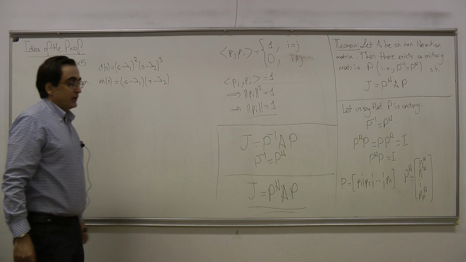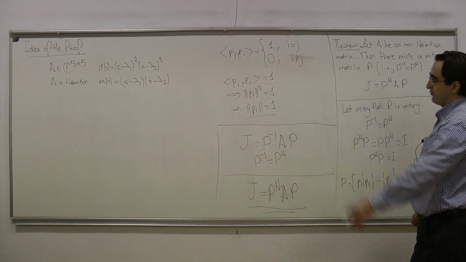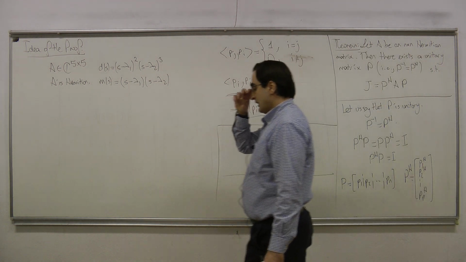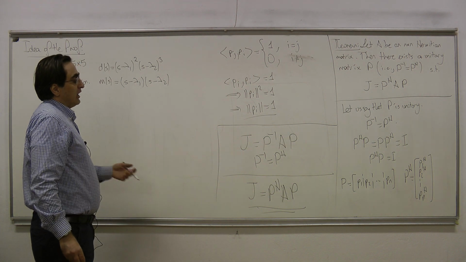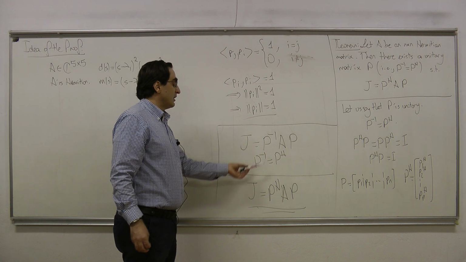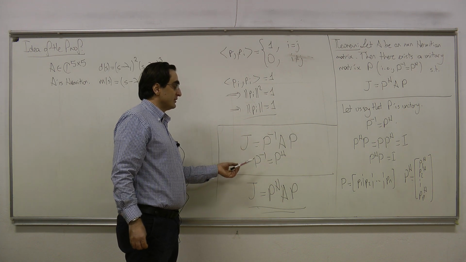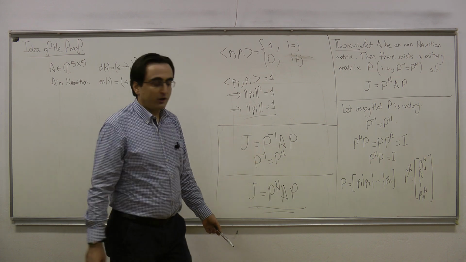So now I'm going to be finding a P matrix for such a special matrix. And then, after finding a P matrix, I will try to show you that the P matrix that I have found can be converted into a unitary matrix, which would satisfy this equation.